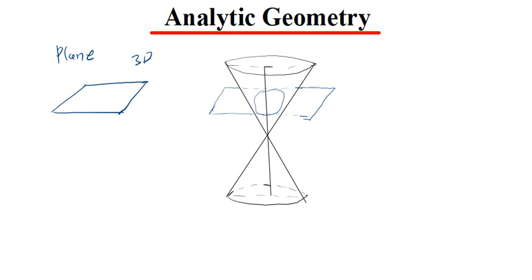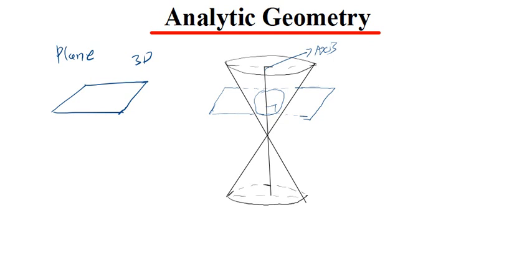And what makes this a circle? Of course, it doesn't really appear to be a circle because my sketching is not really good here. What makes it a circle is the angle at which the plane intersects the cone. If you look at this line, we say this is our axis. If the plane intersects the cone at a 90 degree angle with the axis, what you're going to produce is a circle.